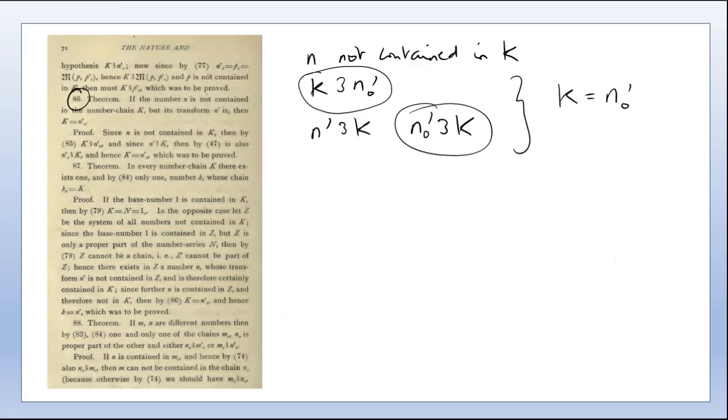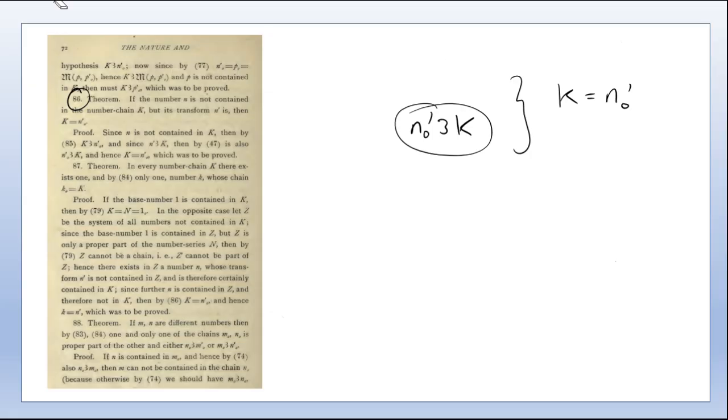Theorem 87. In every number chain K, there exists one, and by 84, only one number k, whose chain k0 is equal to K. So let's have a look at this one.